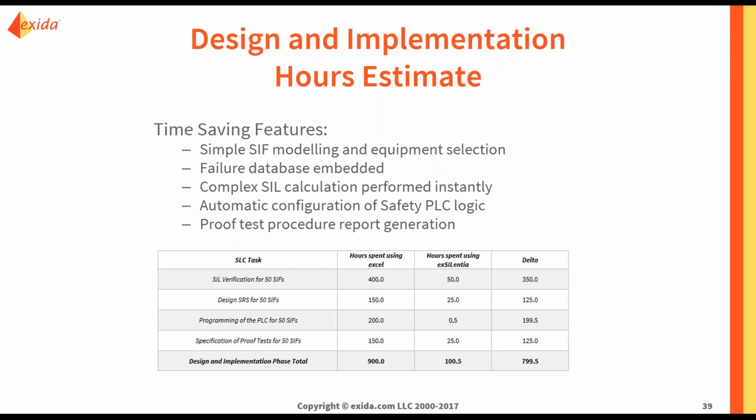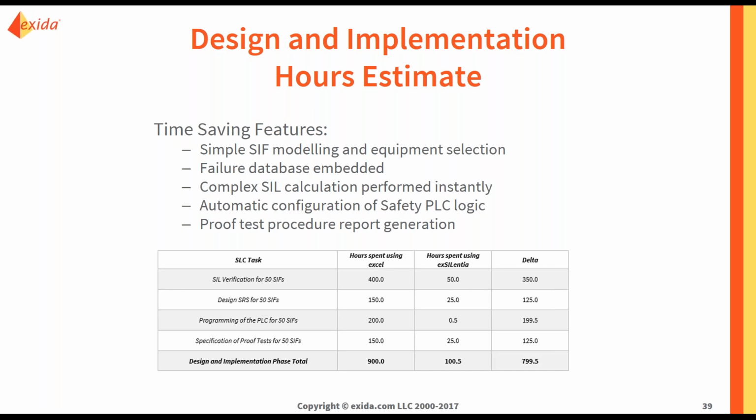So let's sum up the design and implementation phase. What are the time-saving features with a tool like this? First, we have simple SIF modeling and equipment selection. So once you use the drop-down to select your equipment, all of the failure data is embedded, and so it does a very complex SIL calculation instantly. Along with all the other parameters that it takes into account, you're going to get an accurate read on your achieved safety integrity level.